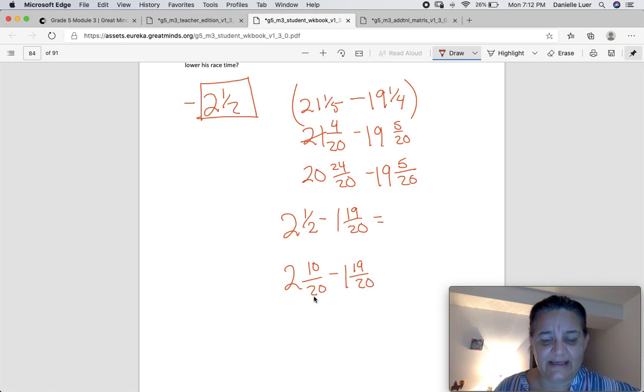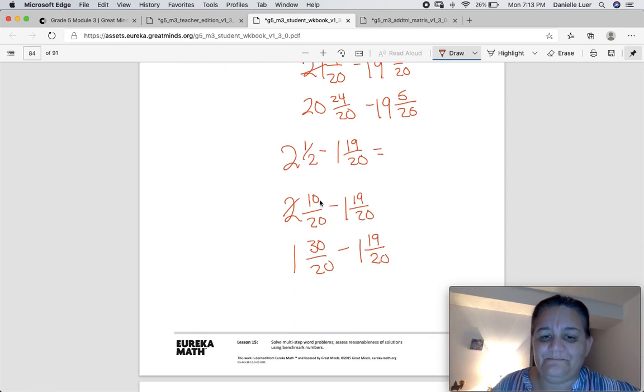Now I can borrow from here. So I'm going to borrow there. I'm going to make this 1 and 30/20 minus 1 and 19/20, which would leave me with 11/20. He is so close.